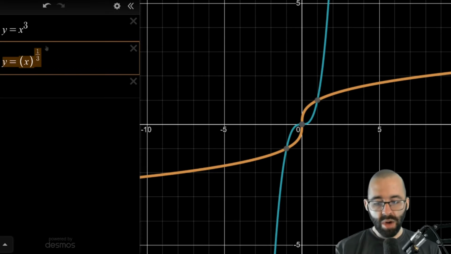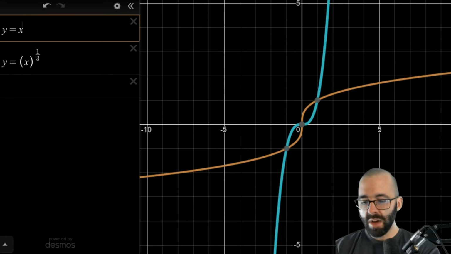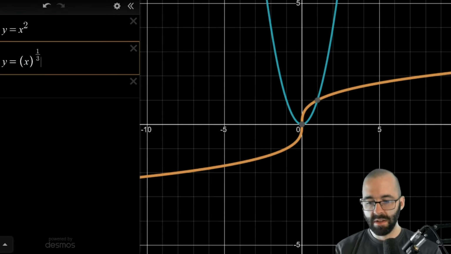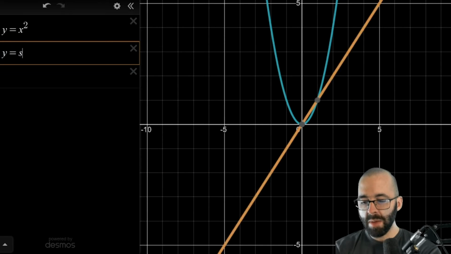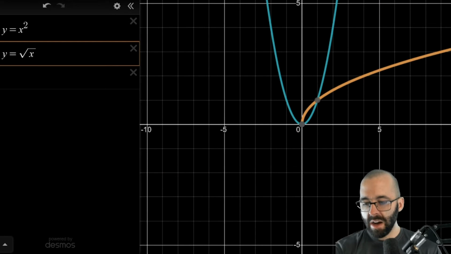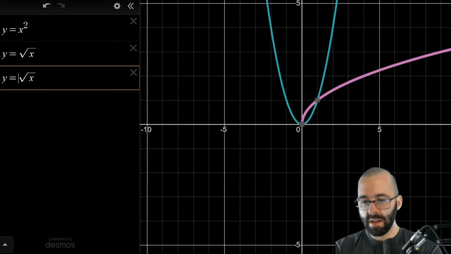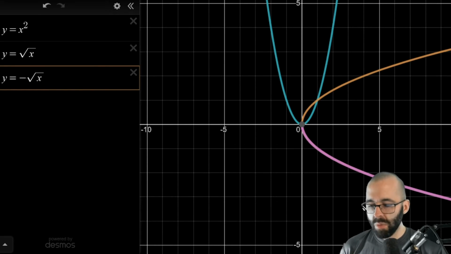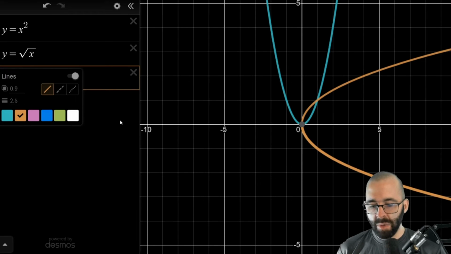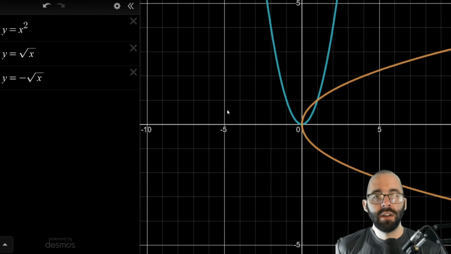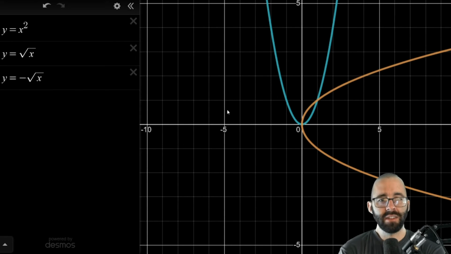Because look at this graphical property. If we try to use this property on x squared and we rotate it, we get that reflection. Notice something about this orange inverse. This orange inverse is no longer a function.